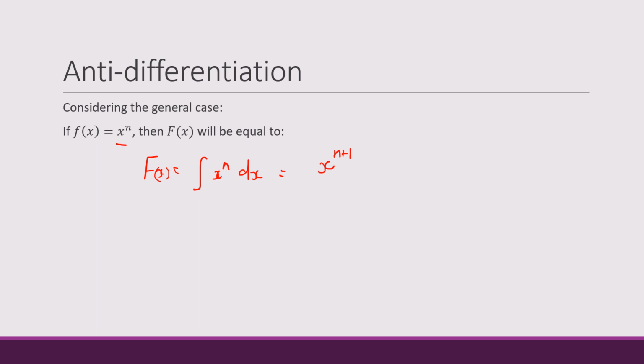Rather than take away 1 from the power, we'll add 1 to the power, and then divide by whatever that new power is. And then don't forget your constant of integration. And that's our rule for determining the antiderivative of a power function.